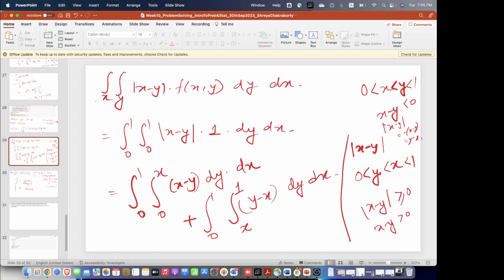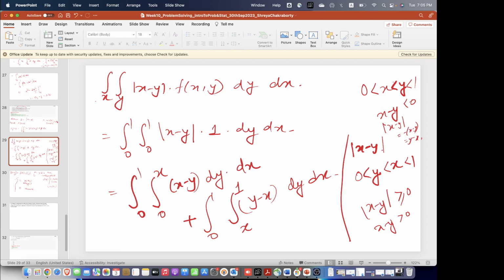I am hoping this formulation is clear now. So for mod of x minus y, there can be two options. Either x is greater than y, in that case mod of x minus y would be positive, plus x minus y. Or x is less than y, in such cases x minus y is negative.